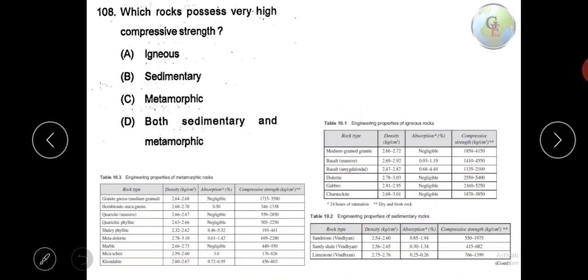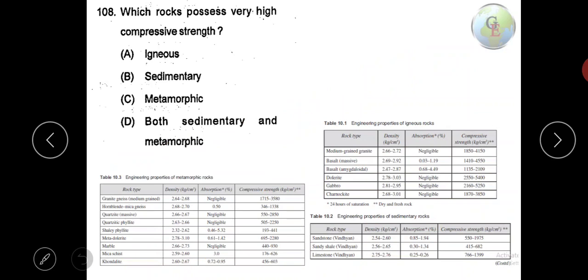Next question: which rock possesses very high compressive strength? As you know, igneous rock is the hardest and toughest rock. So here I have given a list of rocks with their compressive strength, density, and absorption ratio.